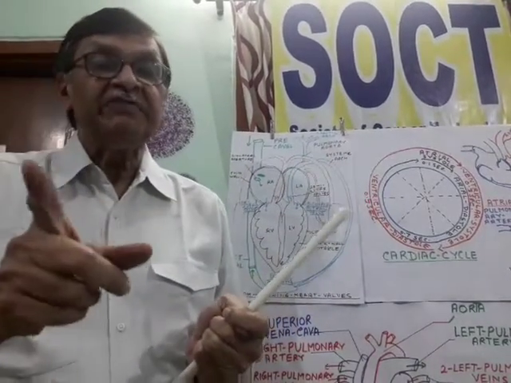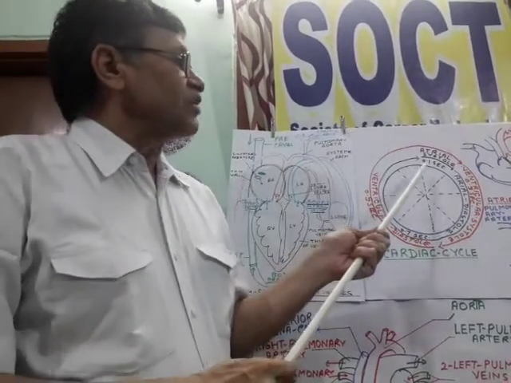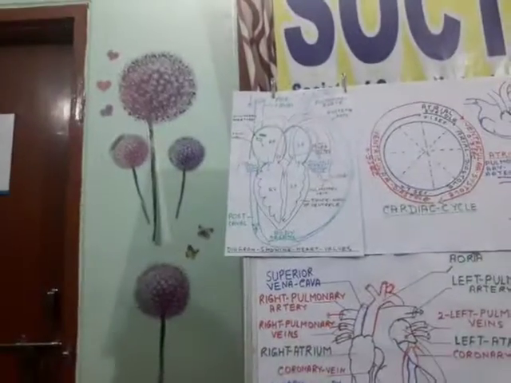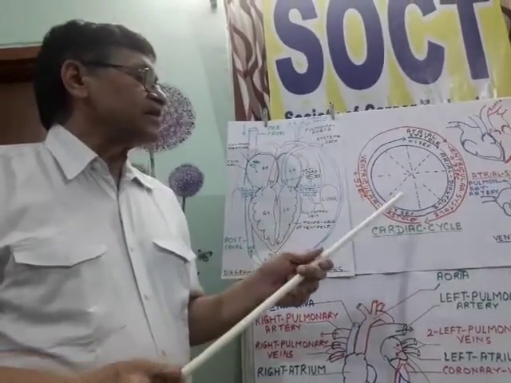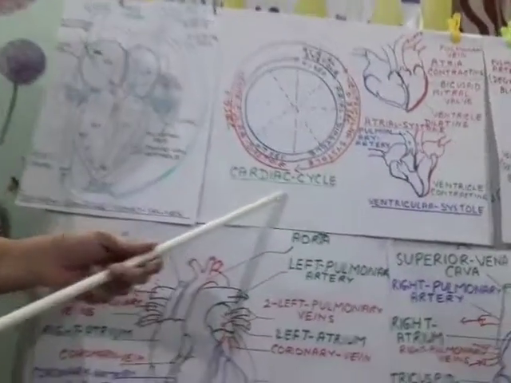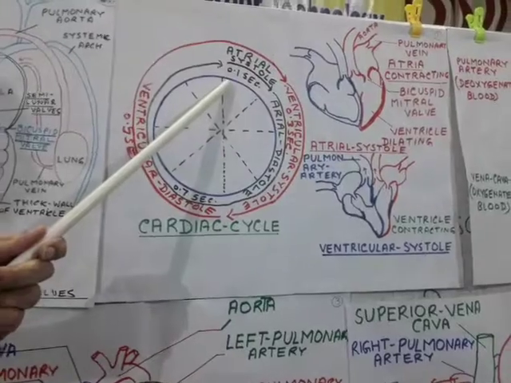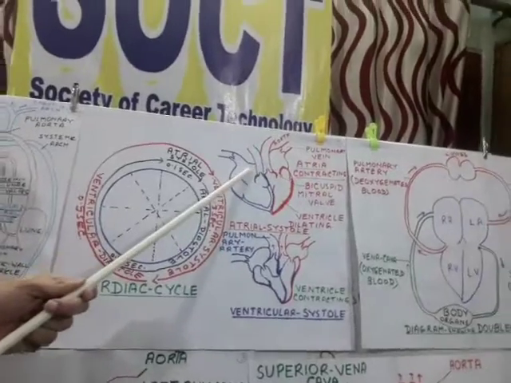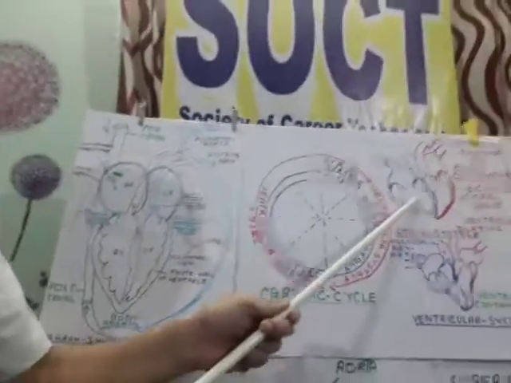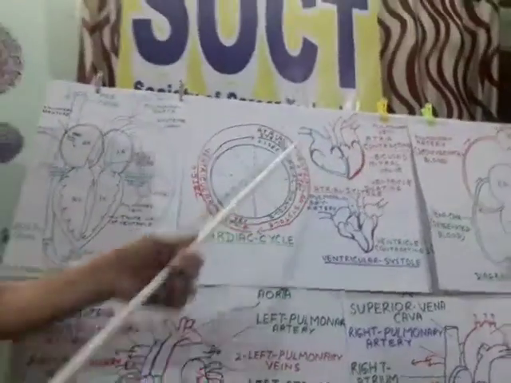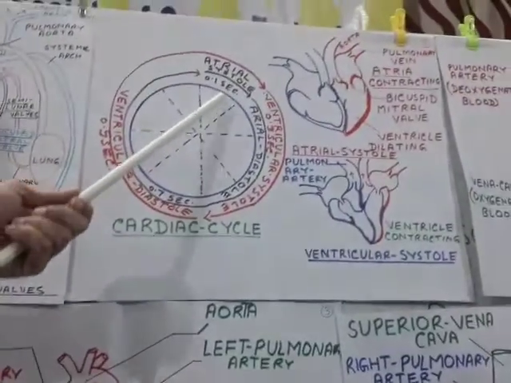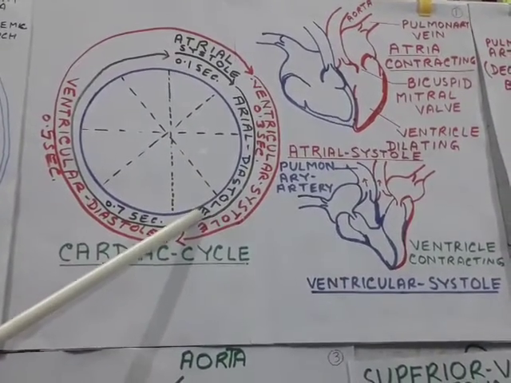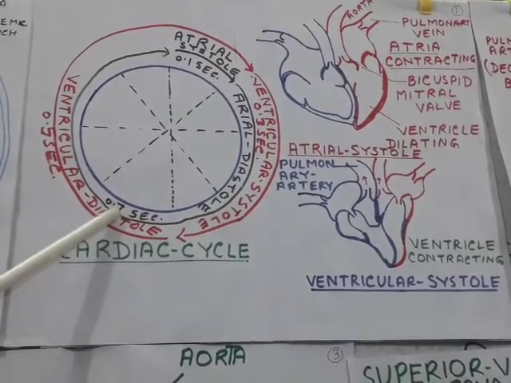There are 4 events in each beat. First of all, you can see here the series of these 4 events, each cardiac cycle. For 0.1 second there is an atrial systole: both atria contract and pump blood into the ventricle. After that there is relaxation of the atrium, called atrial diastole, for 0.7 seconds.